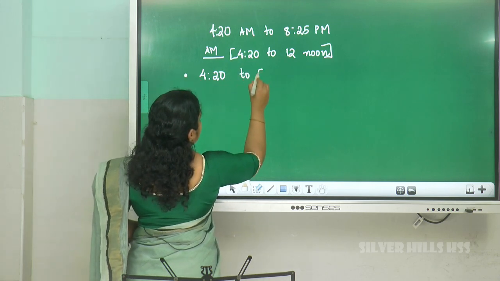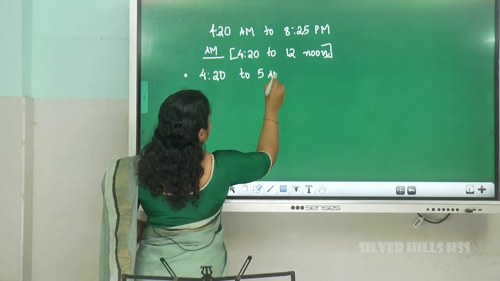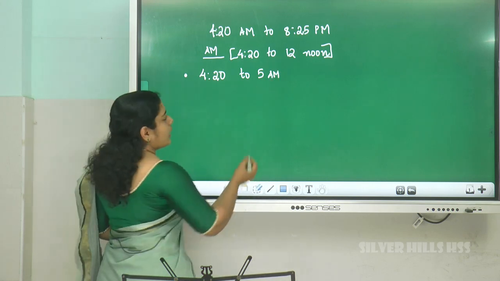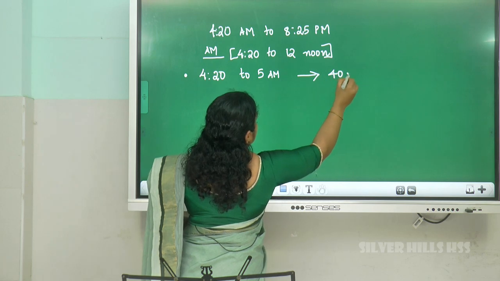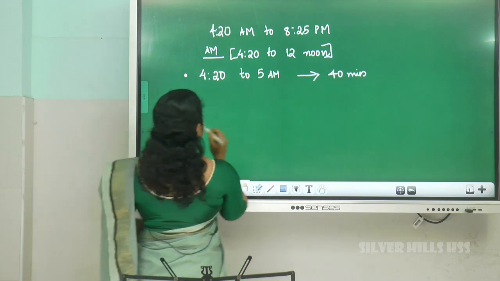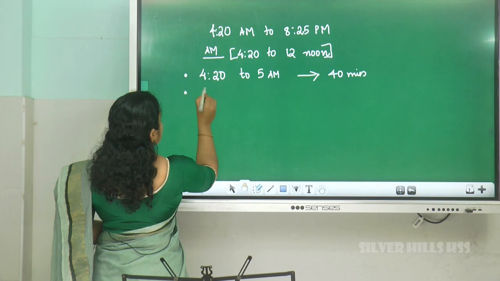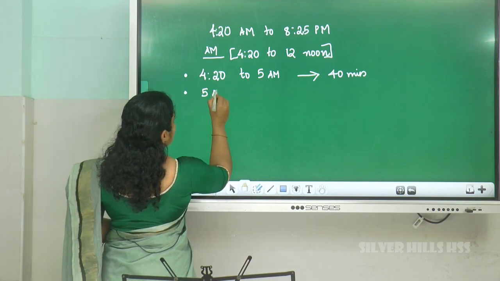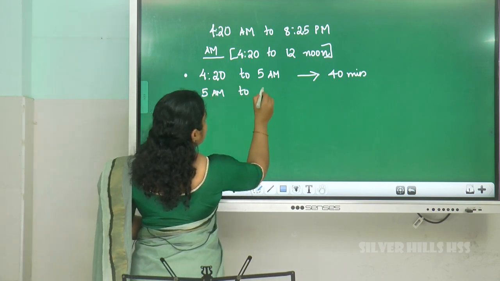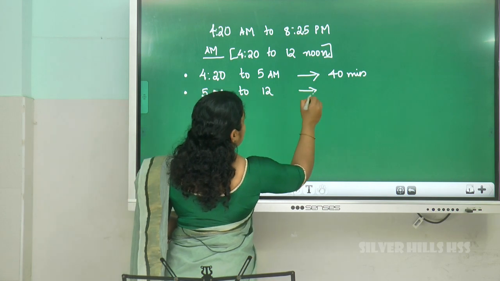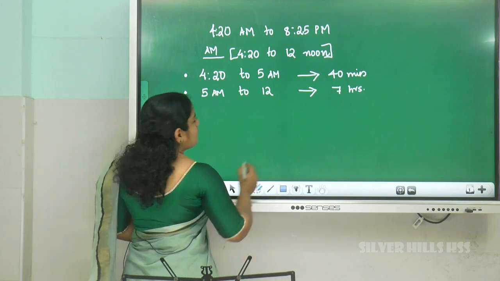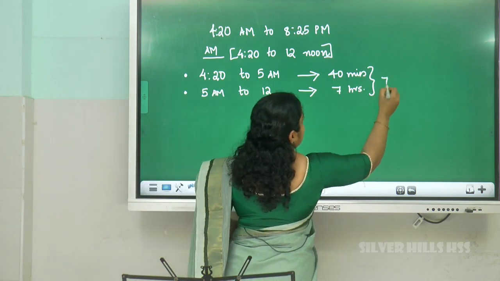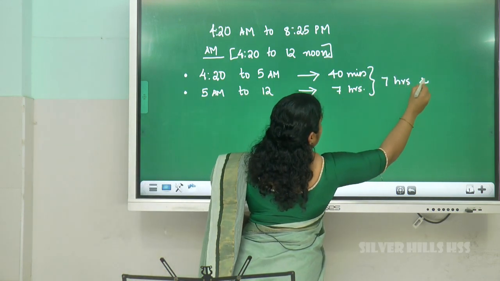That is 5 AM. 4:20 to 5, we have 40 minutes. Now 5 AM to 12, we have 7 hours. This is the AM part. 7 hours 40 minutes.